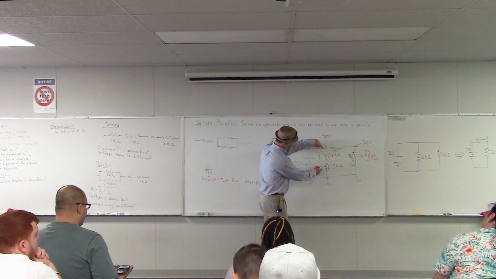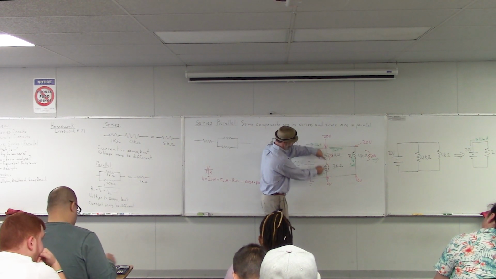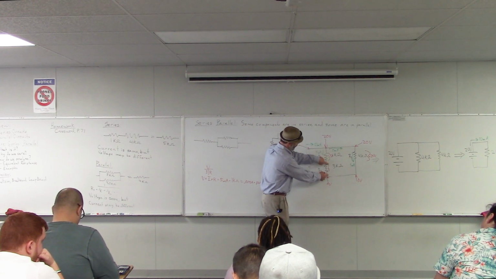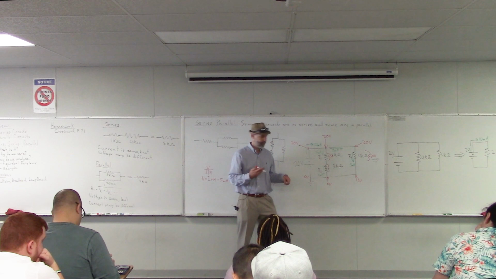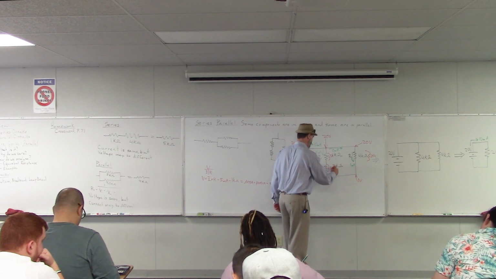And of that 20 volts, 5 of it is across this resistor. So the rest must be across this resistor. So what does that leave? What voltage do we have across this resistor? 15, exactly. So that's another way to find that voltage.